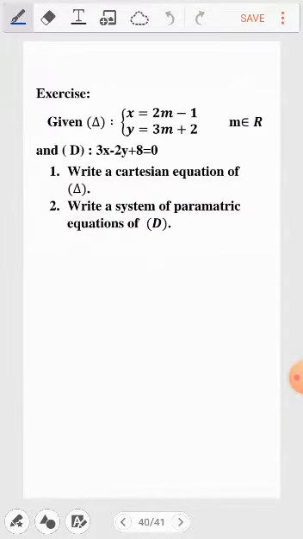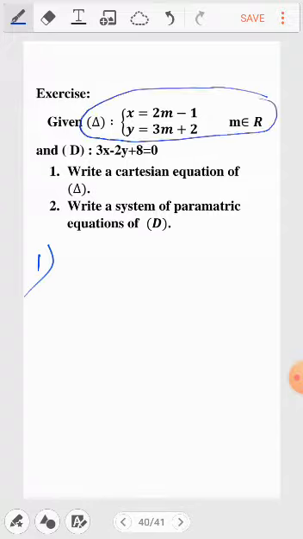Let us begin. Exercise. Given delta: x equal 2m minus 1, y equal 3m plus 2, m in R. أكيد واضحة. It is a parametric system of equations. Delta in its parametric equations. And D, it is in standard form. Part 1. Write Cartesian equation of delta. Delta is written in parametric, so we have to write it in Cartesian form, either reduced or standard.